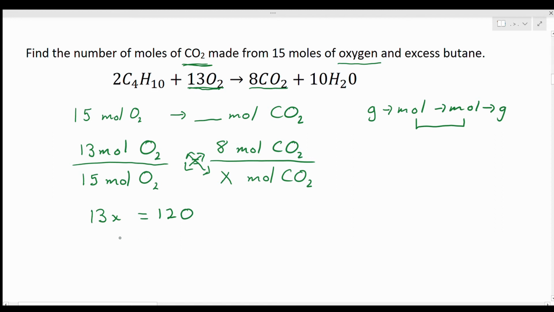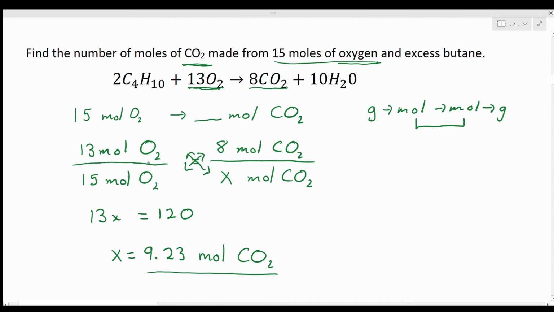Now solving for x here, if we divide both sides by 13, we come out with x will equal 9.23. That's rounded to the second digit after the decimal point. And so we know that this will be in terms of moles of carbon dioxide. In conclusion, this means that from 15 moles of oxygen, we can make 9.23 moles of carbon dioxide.